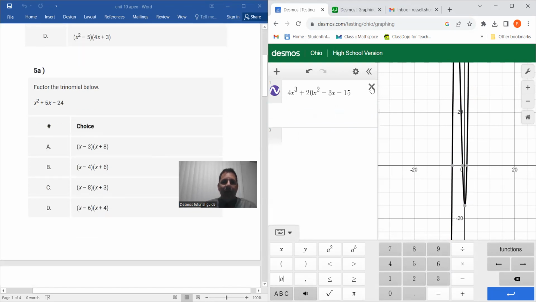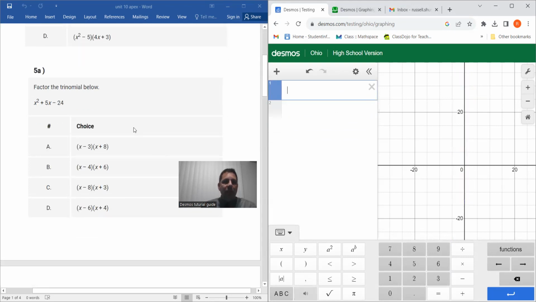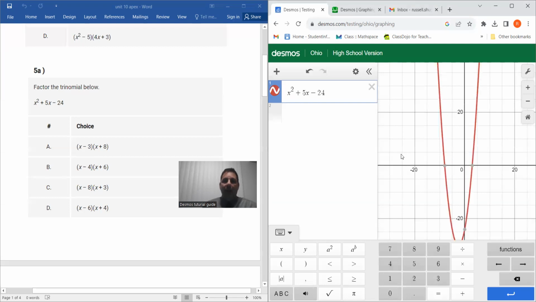Now, again, remember, factoring means changing things that are added and subtracted into things multiplied. Now, I can definitely put each of these in and match it up, but I also want to make a point to show you something else. Anything times 0 is, of course, 0.